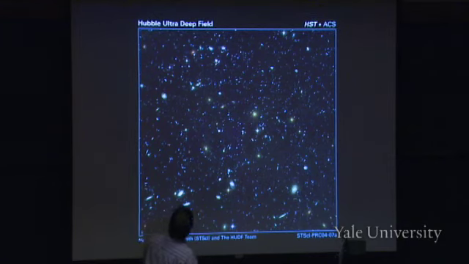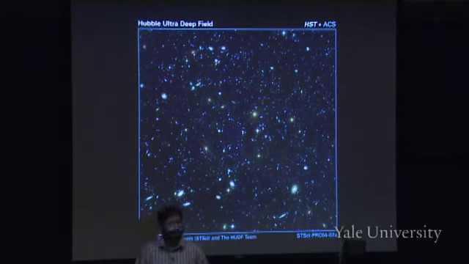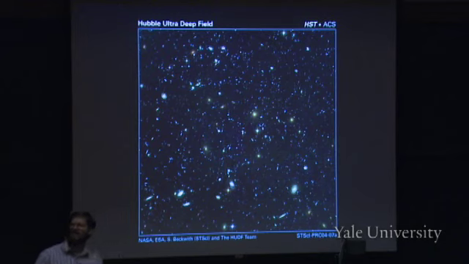You can see 2 or 3 stars in this picture. This is one, and there are a couple of others scattered around. You can tell they're stars because they have this sort of spike pattern from the optics of the telescope. Everything else that you see in this picture is a galaxy. A whole galaxy, each one of them with billions of stars. There are, I think, 13,000 of them, 8,000. How many in the ultra-deep field?